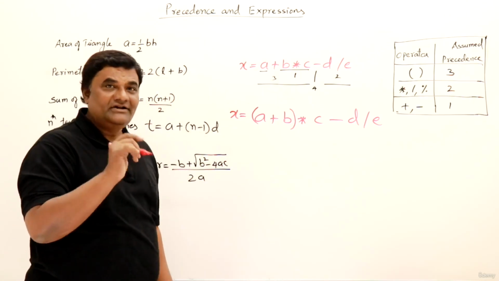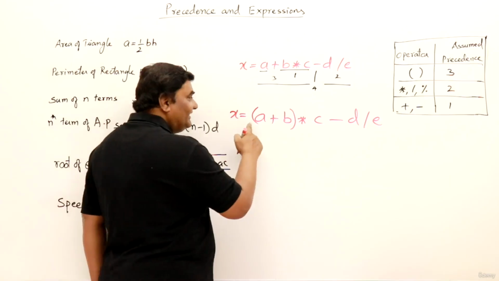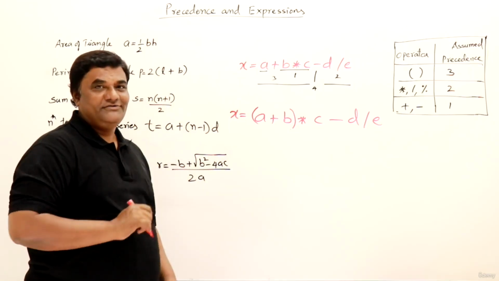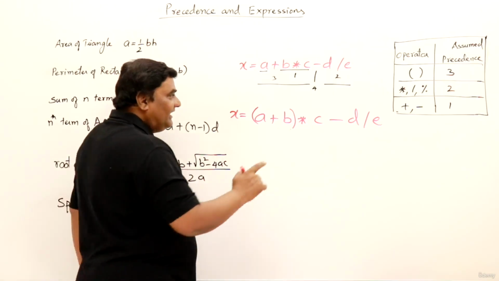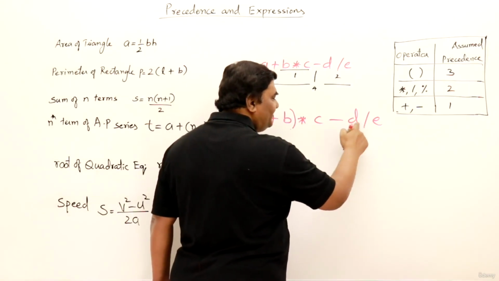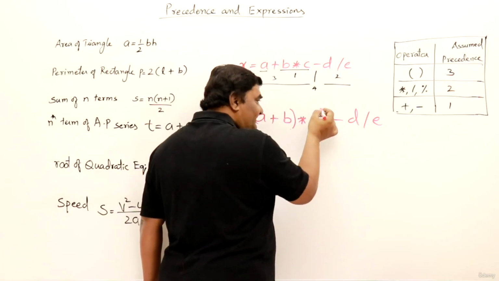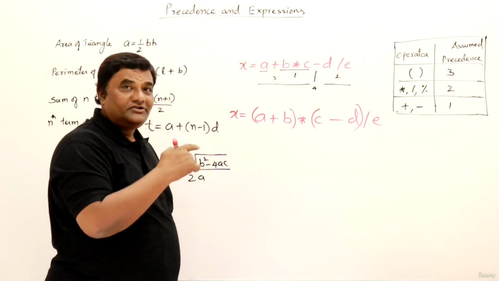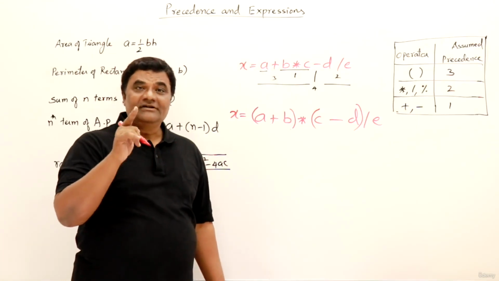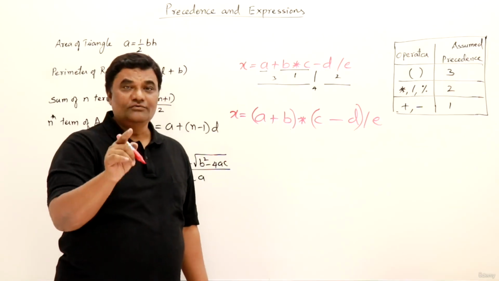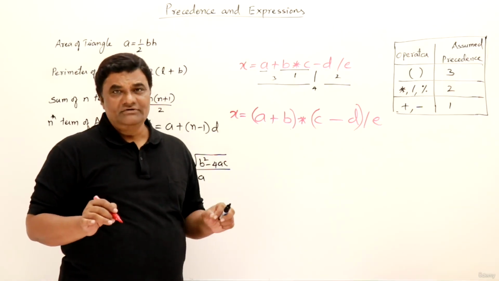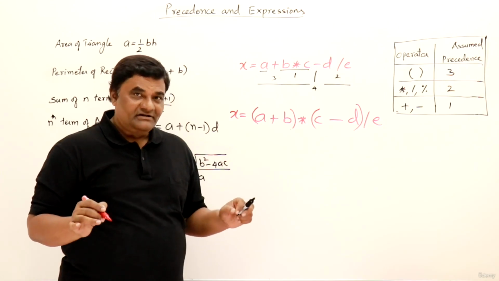Now you see, the brackets have the highest precedence in the expression, so whatever is in the bracket will get executed first. Similarly, I don't want D to be divided by E. I want C minus D to be divided by E. Then put it in brackets. Now it will be perfect. As per how you want the result, you have to put them in brackets. So brackets are a very powerful tool for writing expressions.